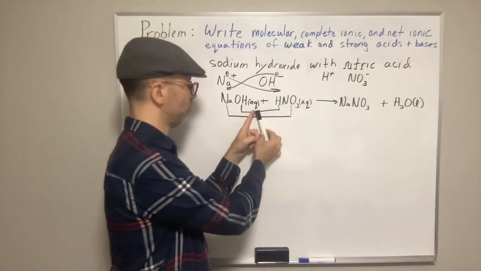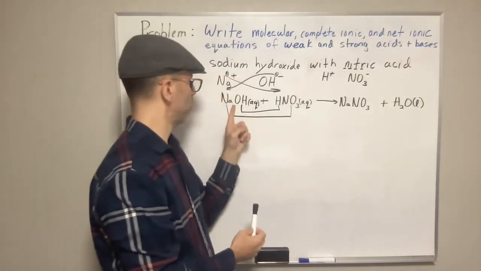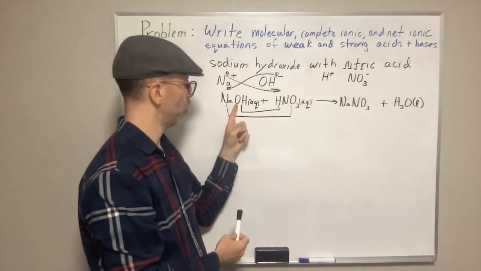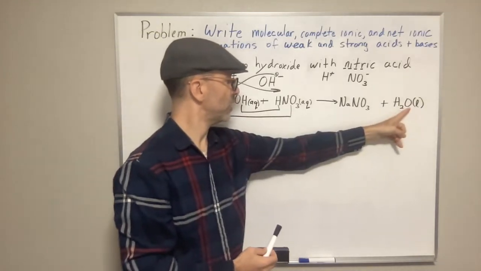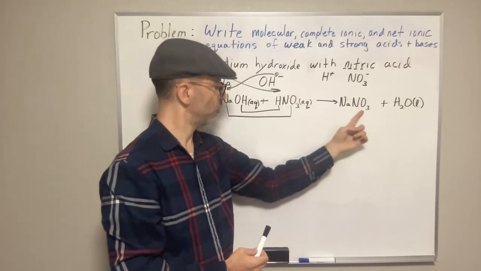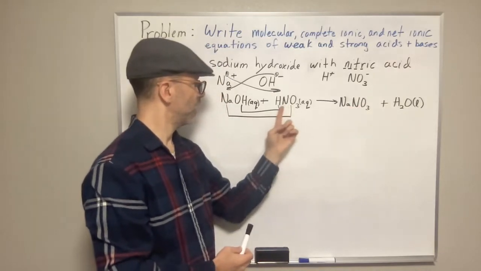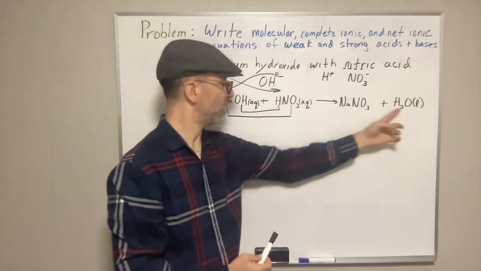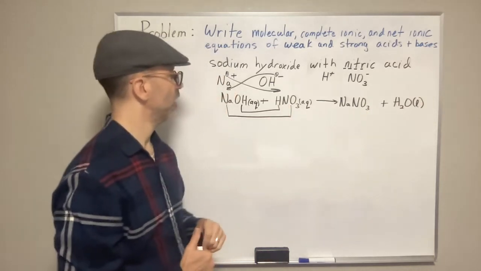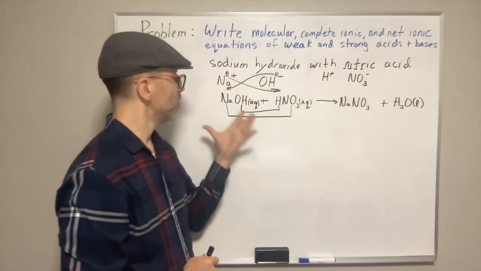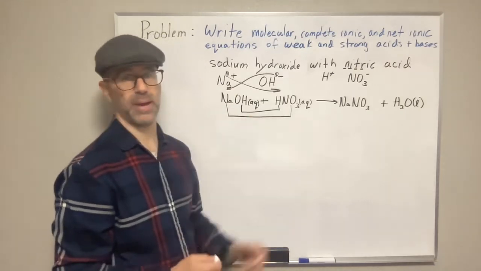So we have two hydrogens, and we have two hydrogens, and we have one oxygen from the OH, and there's the one H. So we know that the oxygens from here came from the NO3 here, so we don't need to worry about those. So we already took care of that. So our equation is balanced.